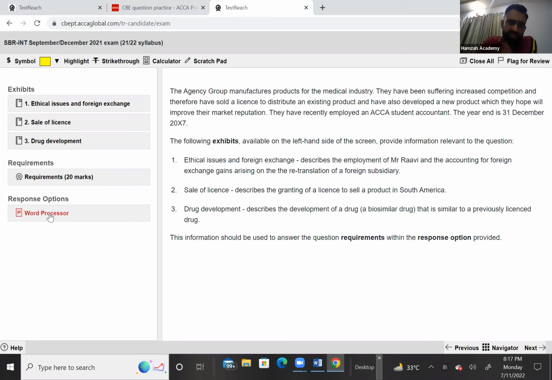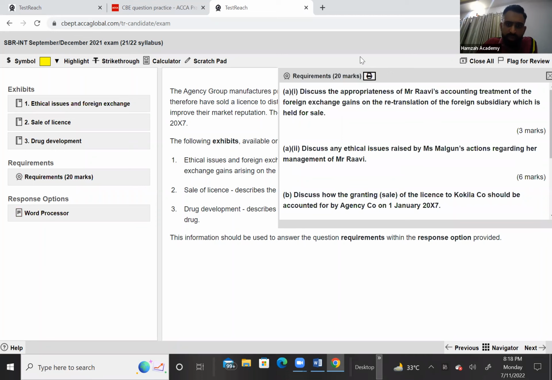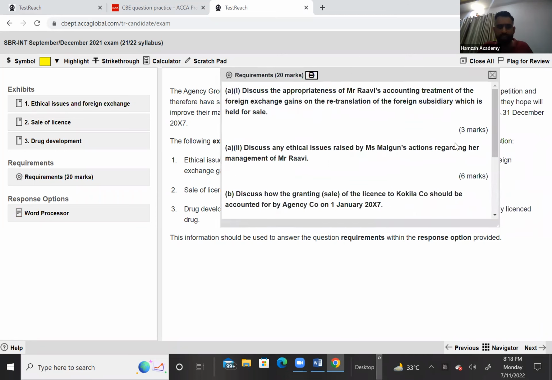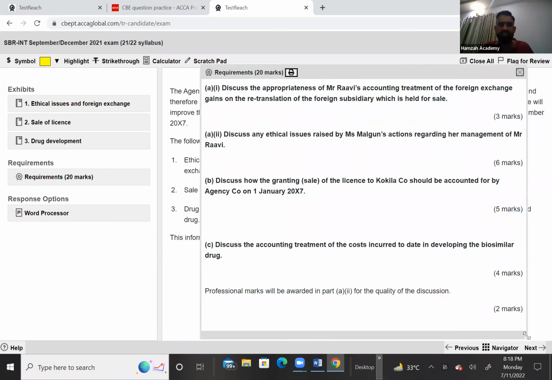Now in this question he gives us only one response option. Why? Because in all these requirements you can see that there is only one nature of requirement, that is discussion. There is no calculation involved in this question, so here we have only the word processor.